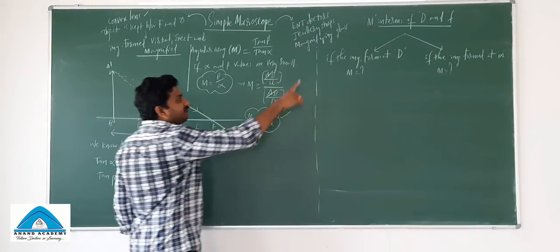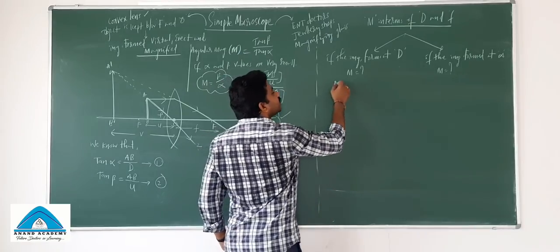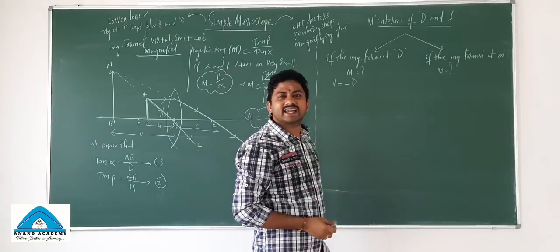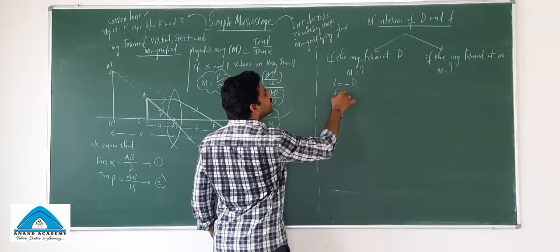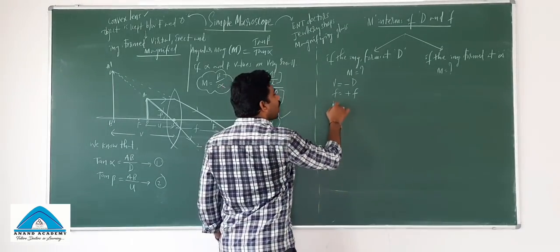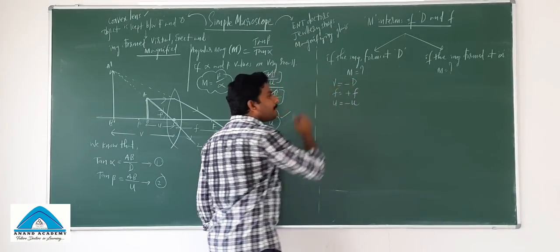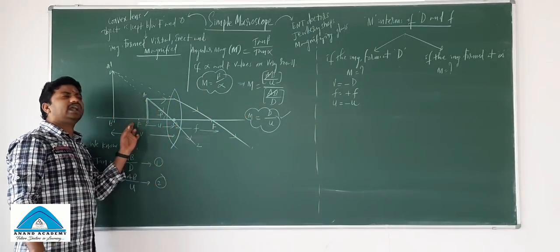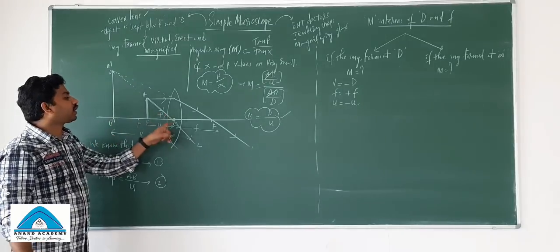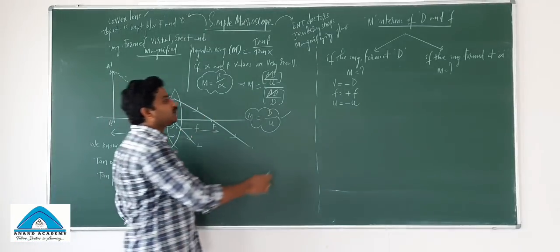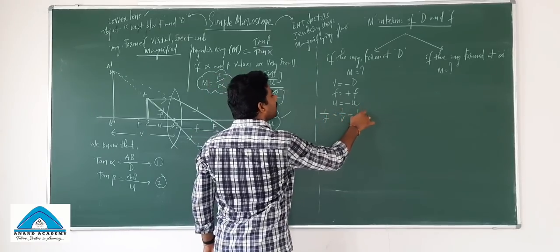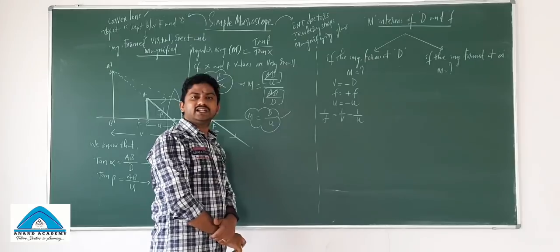Now the first one. When the image is formed at D, that means V is equal to minus D according to the sign convention. And the focal length is F, which is plus F according to the sign convention. The object will be minus U because the object is kept on the left side. The image is formed on the left side of the optic center and the focal length will be on the right side. So now I can write 1 by F is equal to 1 by V minus 1 by U, which is the lens formula.